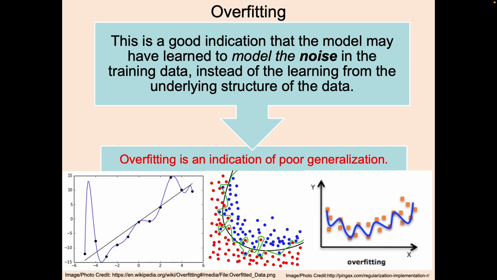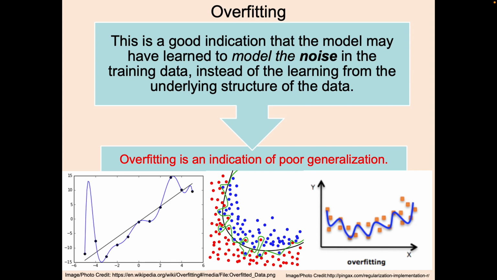When the model becomes too complex and captures the noise of the training data, it may perform poorly on the new unseen data. To prevent overfitting, consider using generalization techniques or simplifying the model. Overfitting is an indication of poor generalization, as I said.